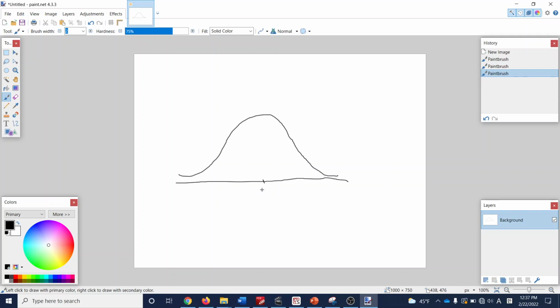Here's 0. What you're doing is you want an interval that's centered around 0, symmetric around 0, so that you capture 95% of the entire population.